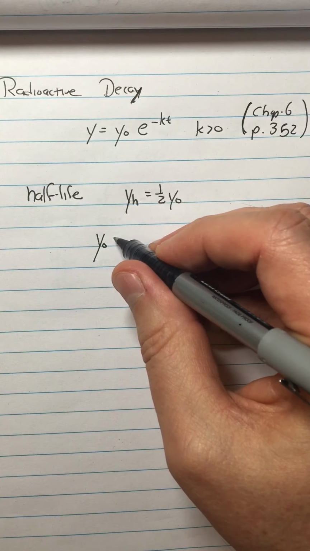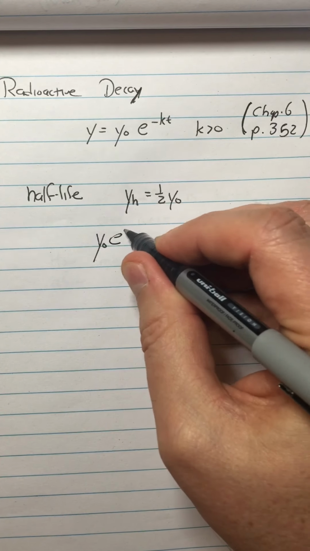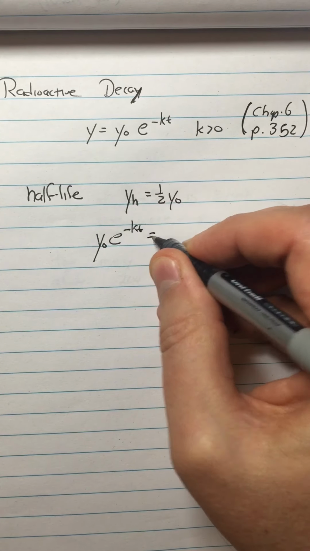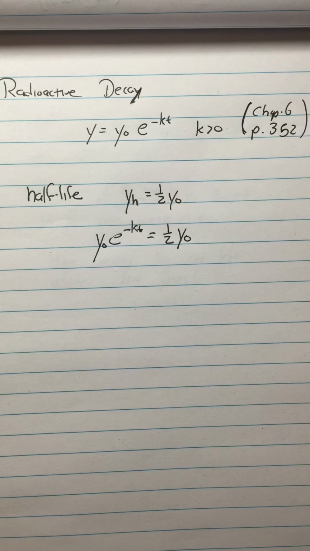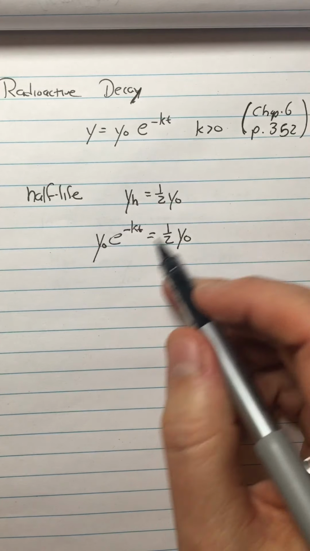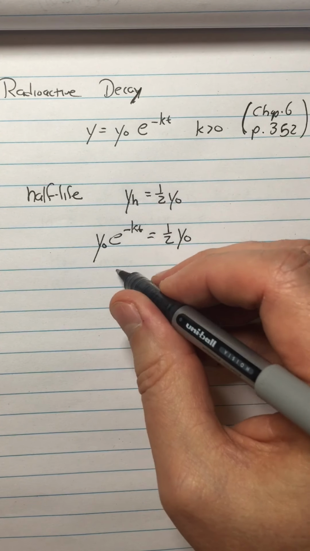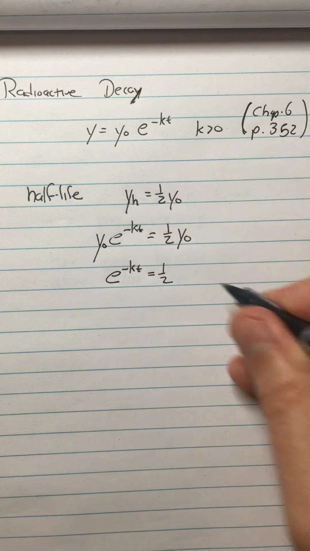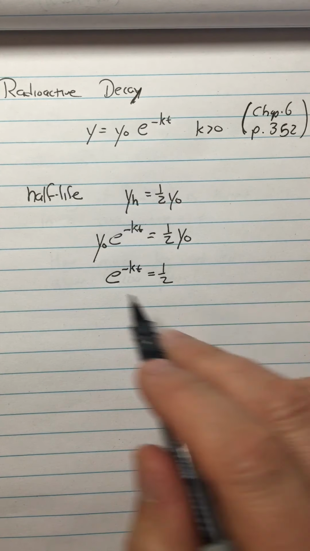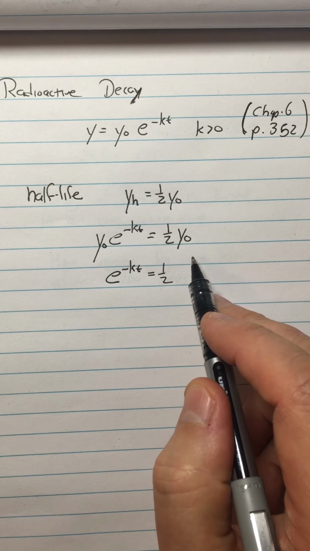Anyway, here's our equation, y0 e to the negative kt, right? What I want to know is when that is equal to 1/2 of the y0 that I started with. What's interesting is that you can cancel the y0s off, which means the length of time it takes to end up with half as much does not depend on how much you started with. Mathematically, that's because the y0s cancel.